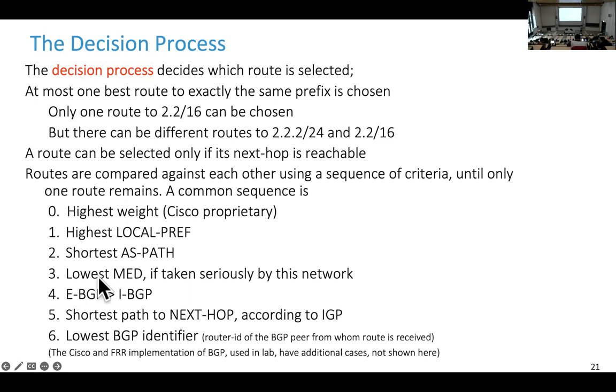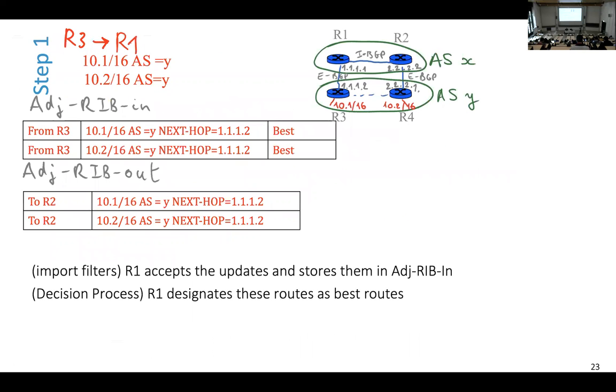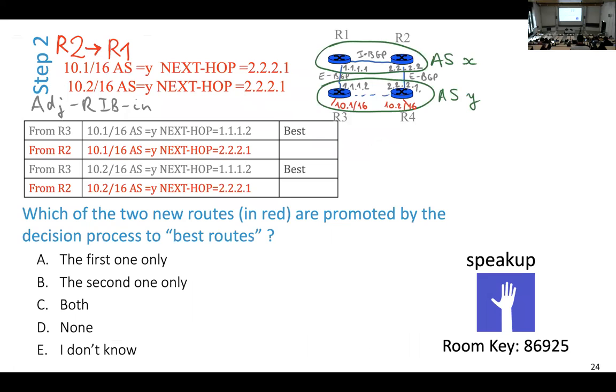This one is also absent until we reach this rule, which says that eBGP is preferred over iBGP. So the route that we have learned externally, which is more fresh, is preferred over something that we have learned internally. If you look at it, the routes in gray, 1 and 3, are the routes that we have learned through eBGP.